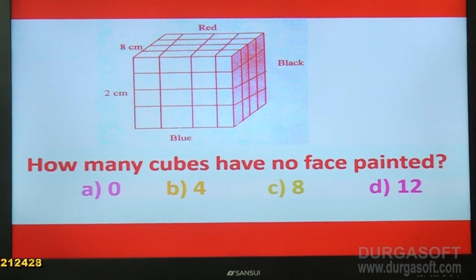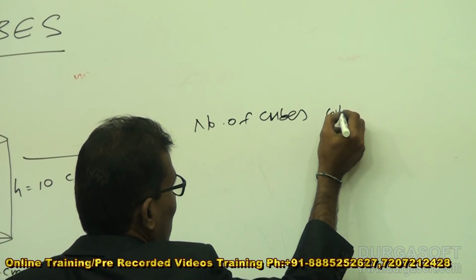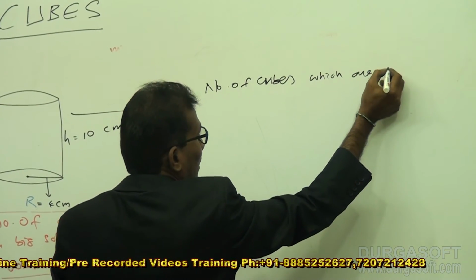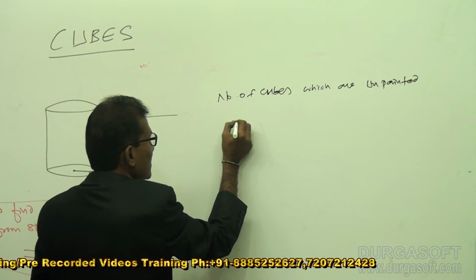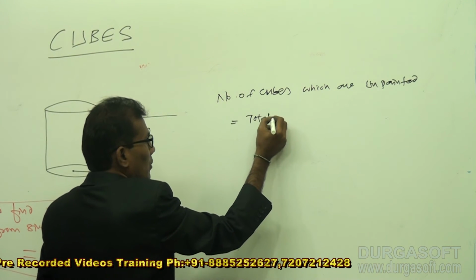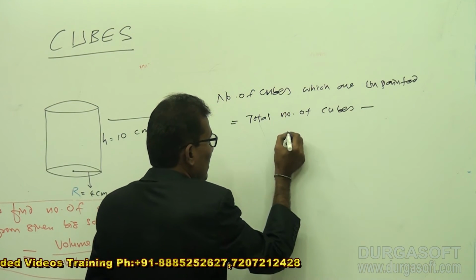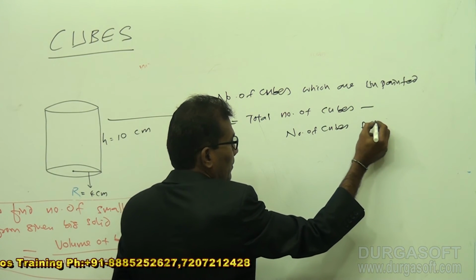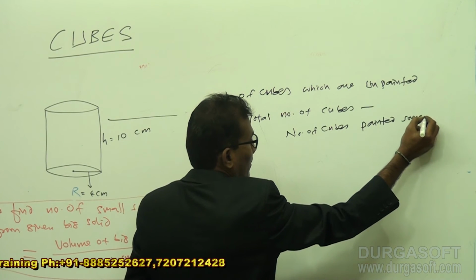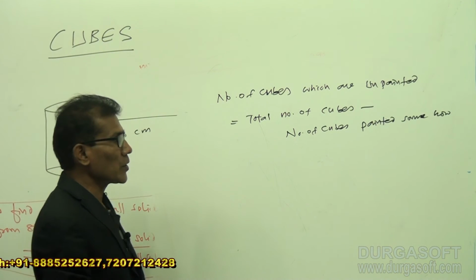So our idea is: number of cubes which are unpainted, no face painted, is equal to total number of cubes minus number of cubes painted somehow.